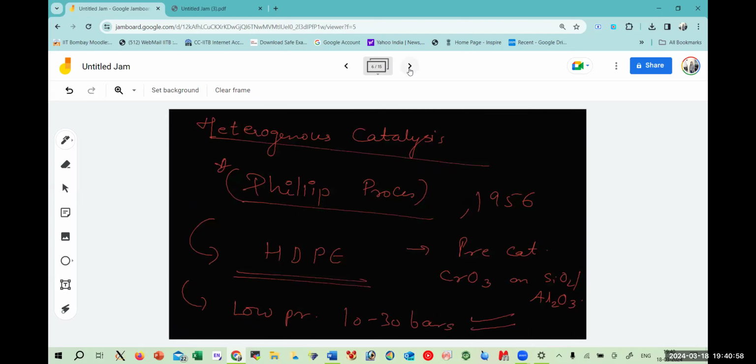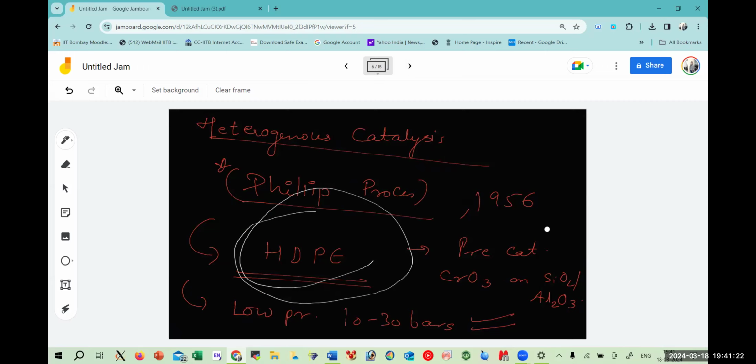Thinking about these limitations, one scientist came up with a methodology using heterogeneous catalysis, called the Phillips process, which turned the synthesis of ethylene into high density polyethylene, a high density molecule with high crystallinity.